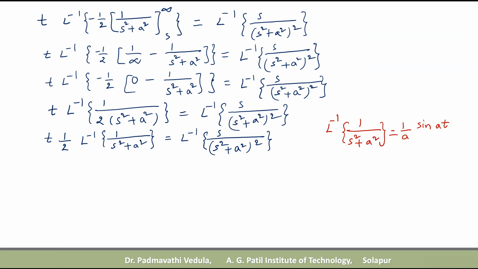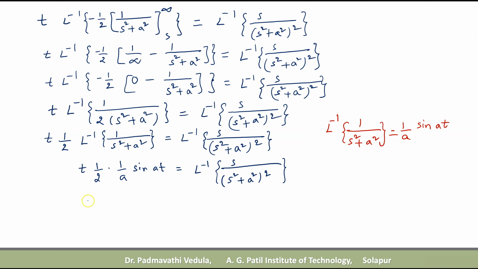So using this formula, if you apply this formula on left hand side, we get t into 1 by 2 into 1 by a sin at equal to L inverse of s by s square plus a square whole square.